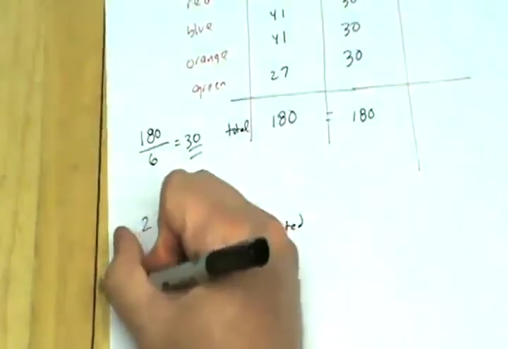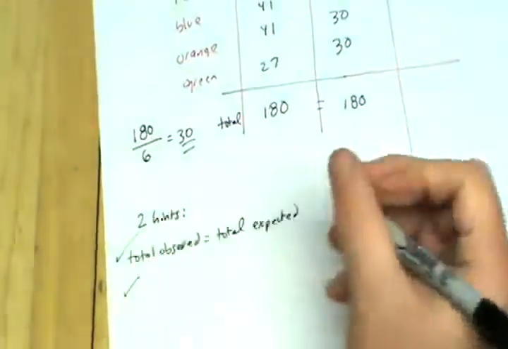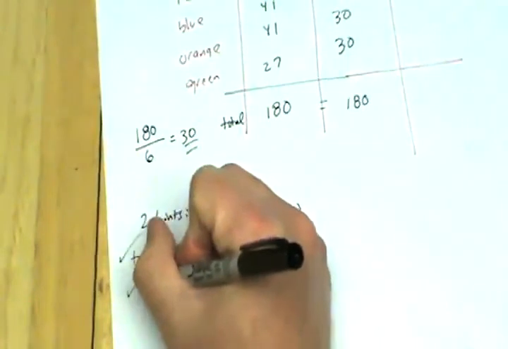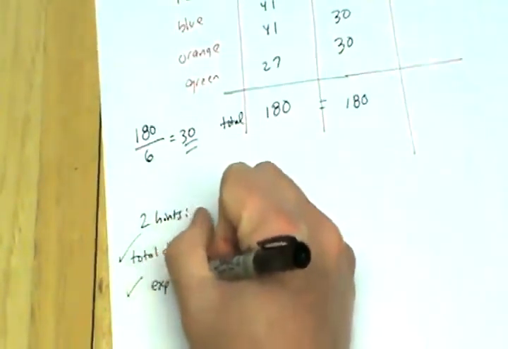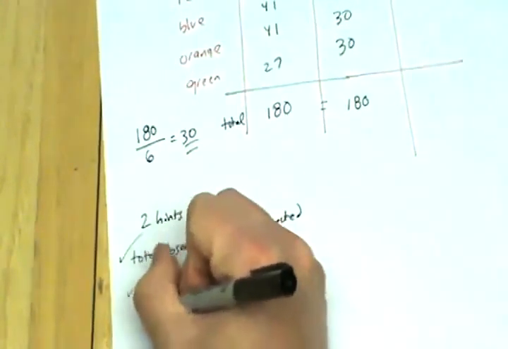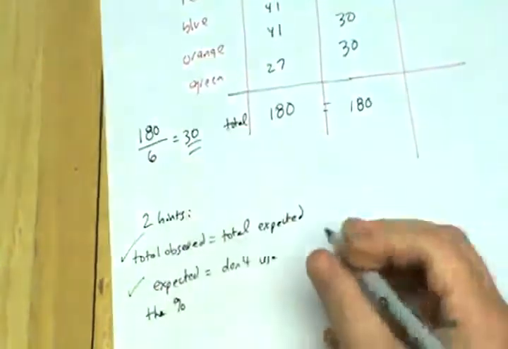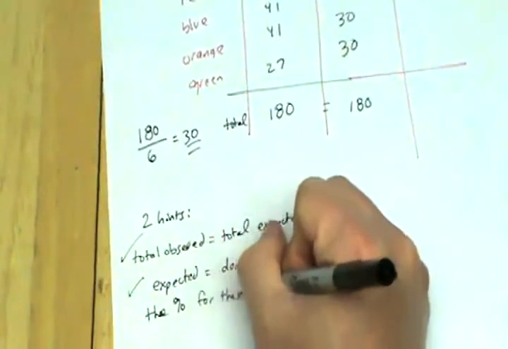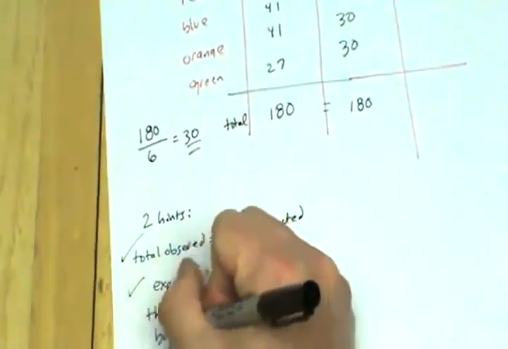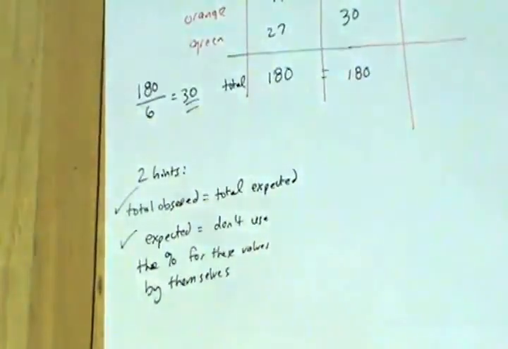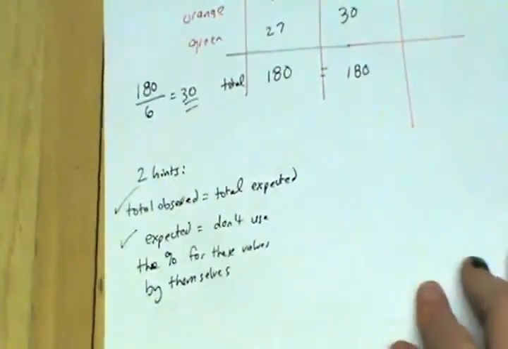And the second hint is, for the expected, don't use the percentages by themselves for these values. And I'll show you what that means. Not in this problem, but the next few problems after this. Okay, so those are the 2 hints.